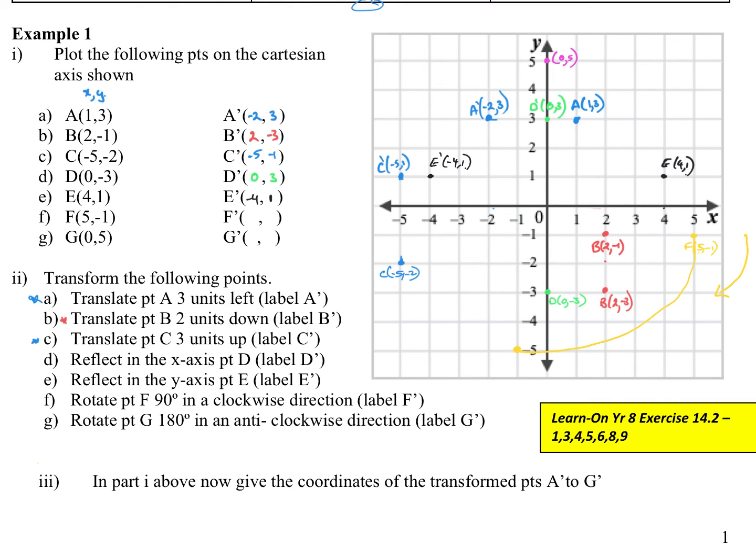I'm still 5 units from the axis, but it's just a different axis. So what coordinate is that now? I'm at the point -1, -5, and that's F dashed.